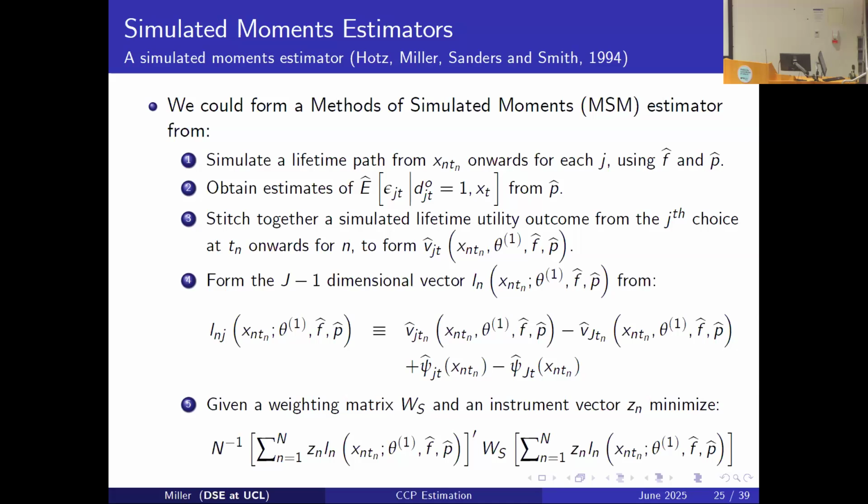Notice that when we do this, we're just looking at the conditional choice probabilities and the transitions. We are not making any assumptions about the unobserved variable at that point when we simulate the lifetime path forwards. See that? Because we're basically saying, here are our x's, then we just move forward, we see the conditional choice probabilities, we move forward again. Nothing about the g. In other words, nothing about the distribution function of those disturbances.